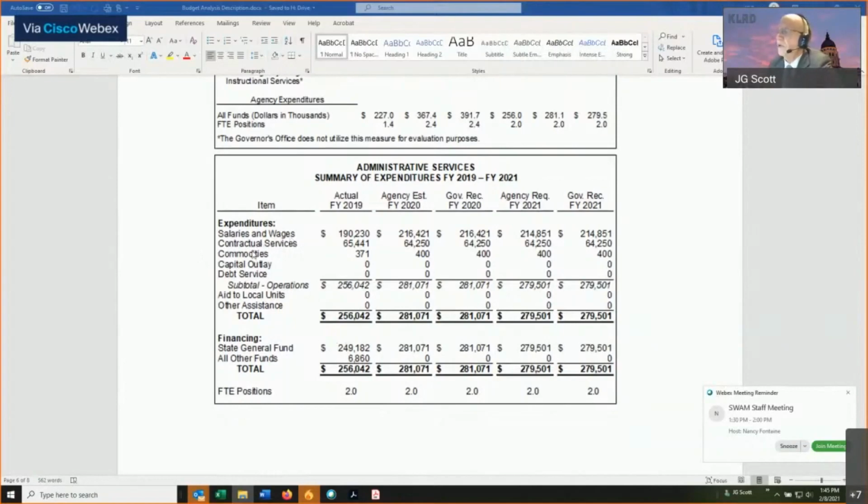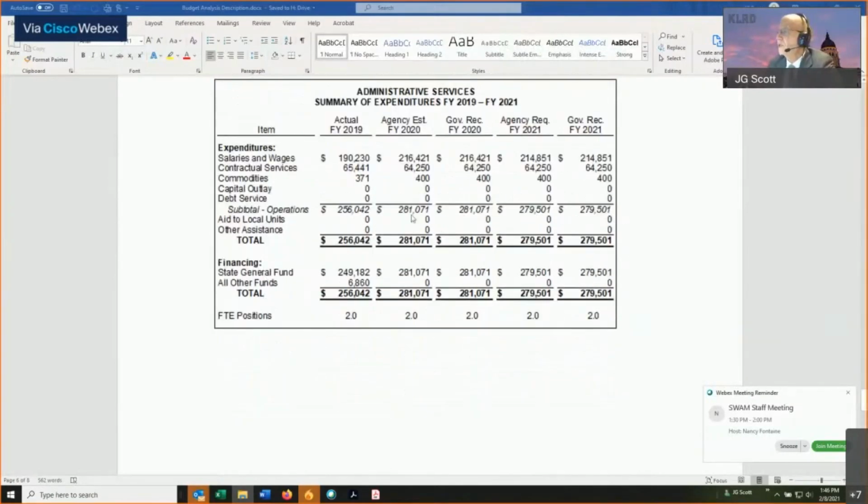Commodities are consumable items. Contractual services are basically not those that can be consumed, such as copier contracts, rent, mileage reimbursements. Capital outlay are fairly large expenditures for items.